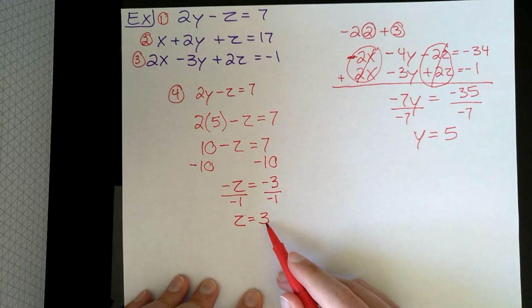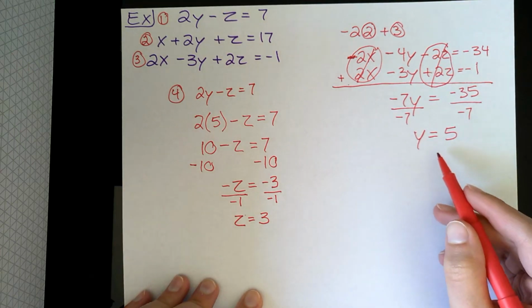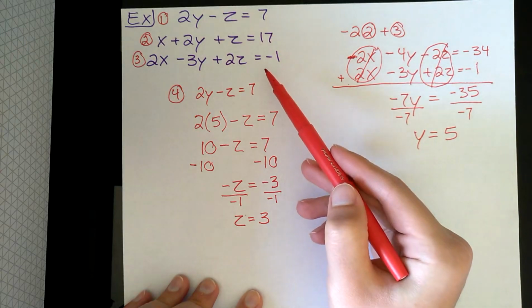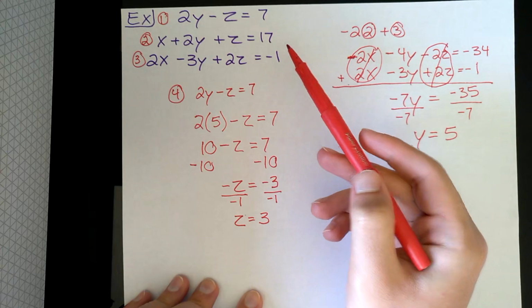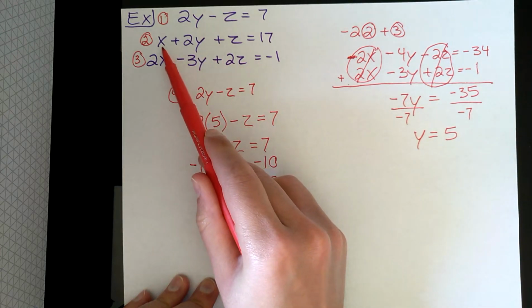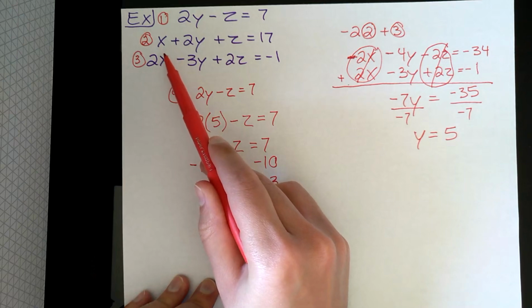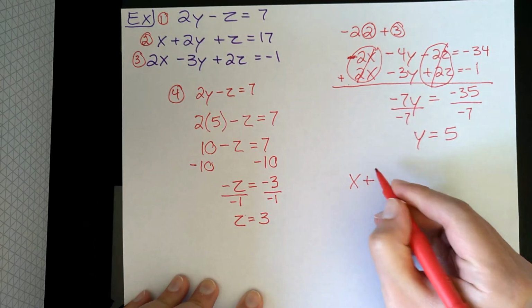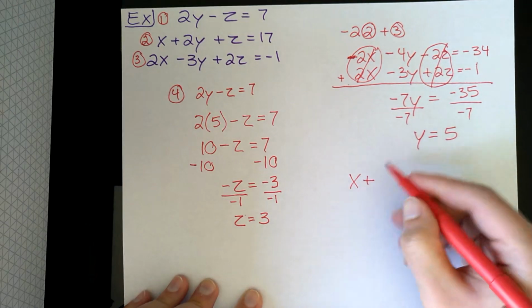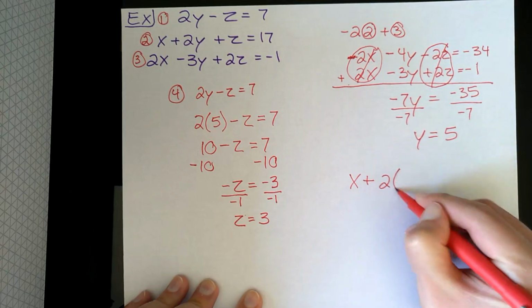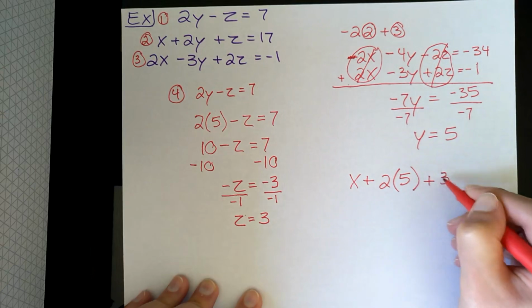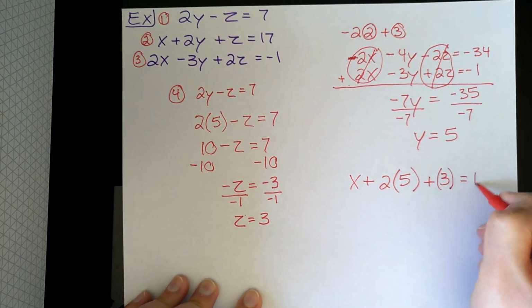And now that we have z and y, we can solve for x in one of the original equations. So, we want to pick equation 2 in this case because the x is already alone. We won't have to divide or multiply by anything to get x alone. So we have x plus 2y plus z equals 17. So we have x plus 2 times y is 5 plus z is 3 equals 17.